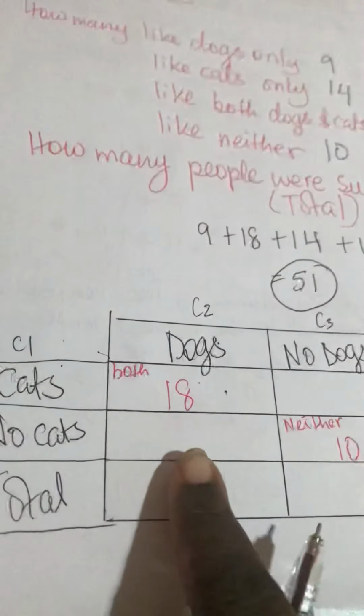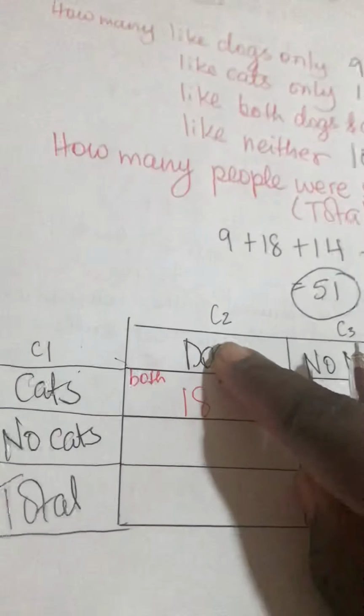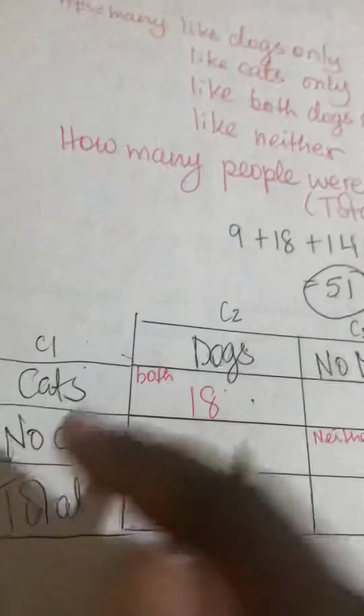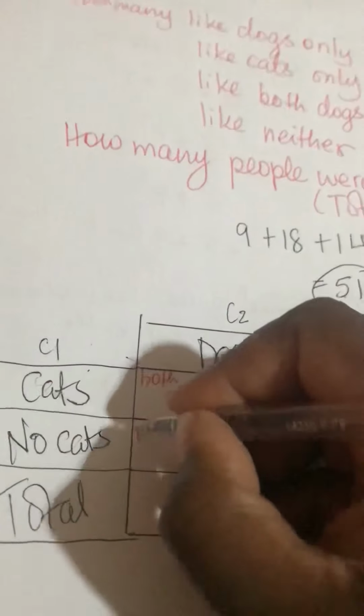Alright. People who like dogs and they don't like cats means dog only. This is people who like dogs but they don't want cats. That means dog only. Dog only is 9. This means people who like cats but they don't want dogs.